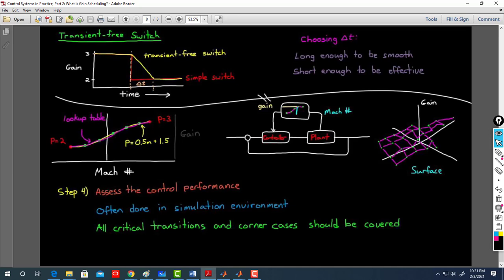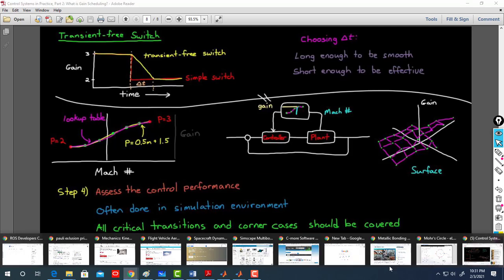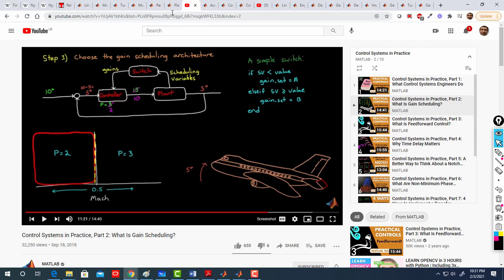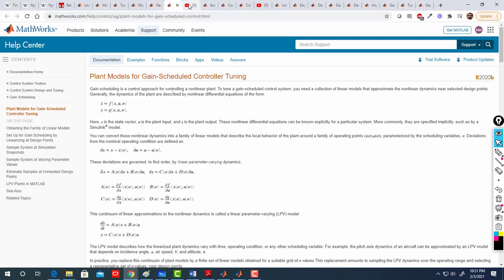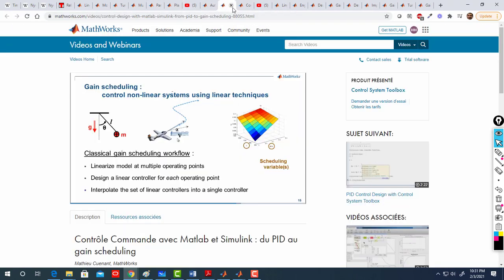This is interpolation, which is what that guide called it here: interpolate the set of linear controllers into a single controller, like having a surface instead of one point. That's it for the introduction. Now let's start in action.